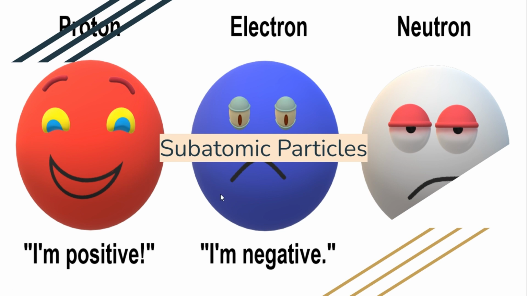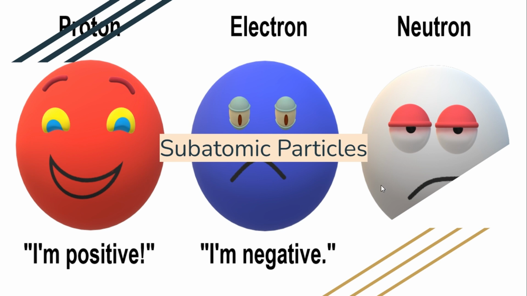Protons and electrons have relative atomic charges. Basically, their charges are made in comparison to one another. So a proton is positively charged compared to an electron, which is negatively charged. An electron is negatively charged compared to a neutron, which is neutral.